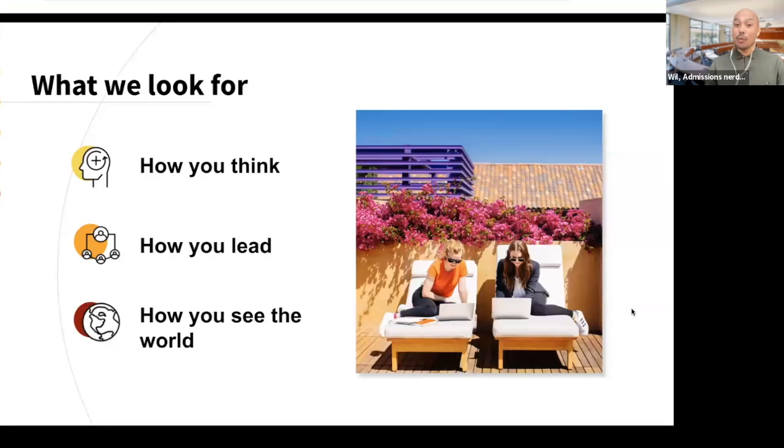All right, so what do we look for? At a high level, how you think, how you lead, and how you see the world. Notice it's that how, it's those details versus the what, right? If you think about some of those what details, accomplishments, those are indicators of things that you've done. For folks who might be in consulting, things like sponsorship, that's a signal of some type of action, deliverable, outcome that you took, that you did, right?